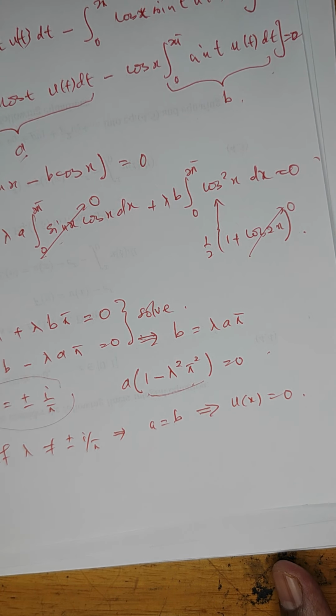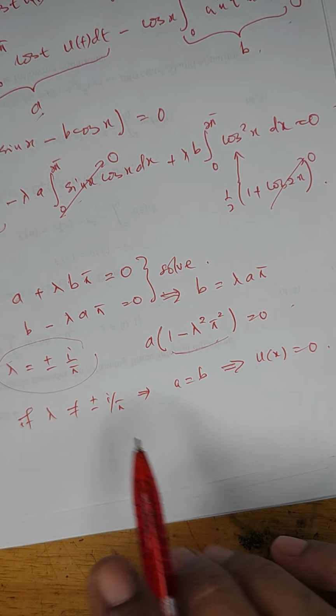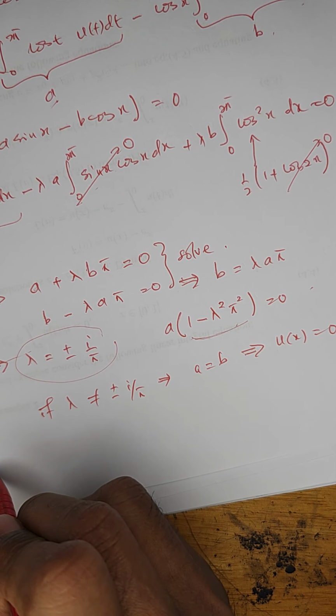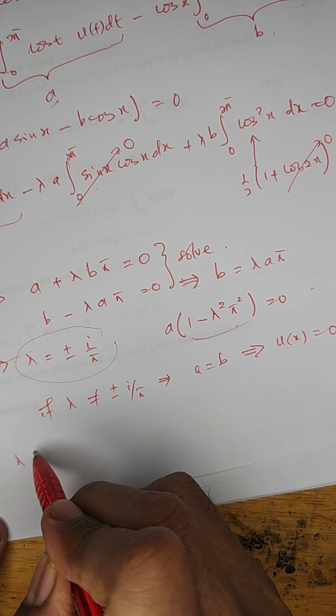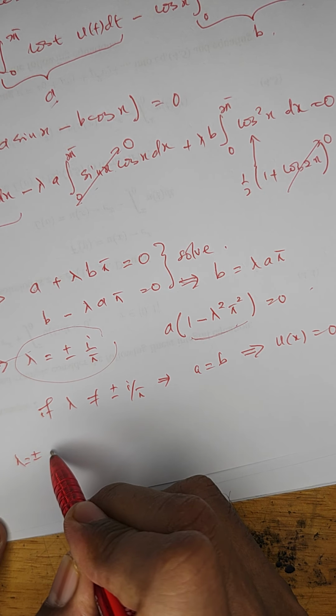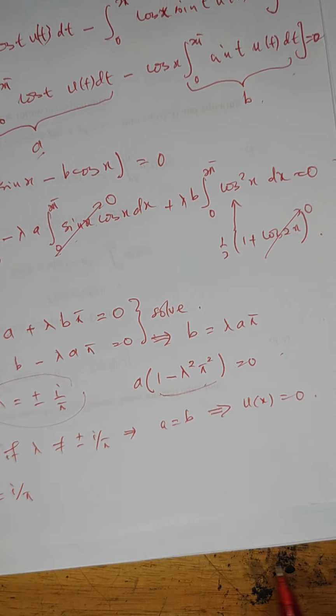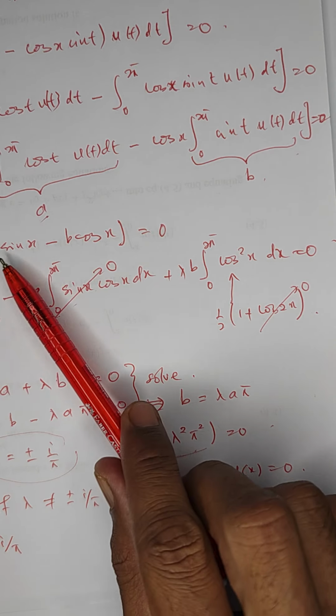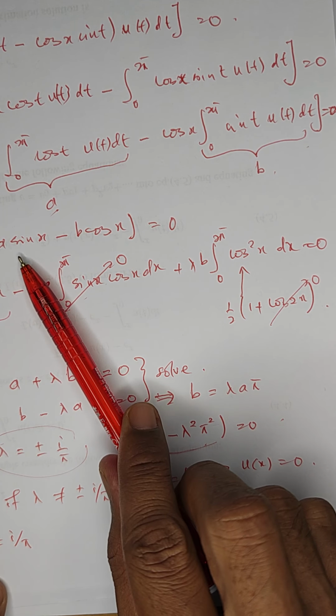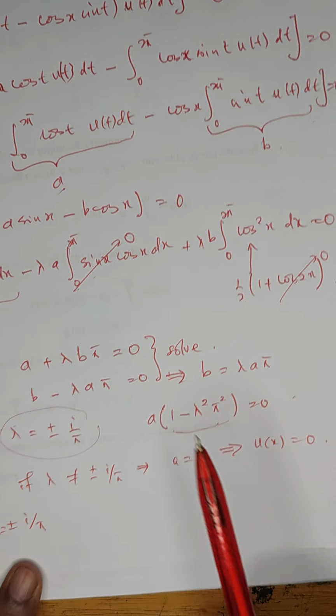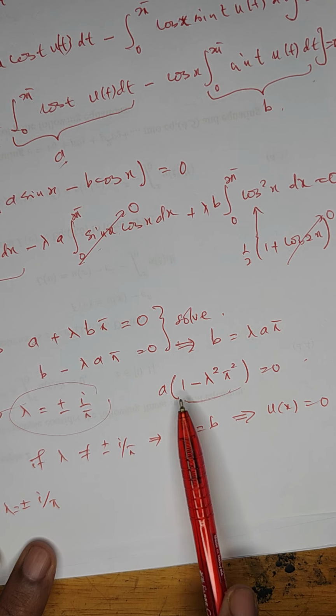Okay, for lambda equal to plus minus i over pi, we substitute into that, and substitute into here as well.